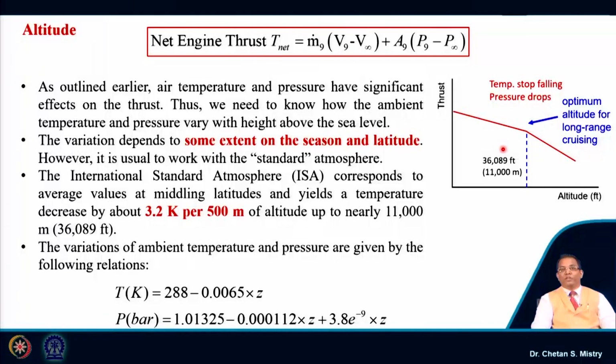So, from now onwards when you are sitting in the aircraft and the pilot announces the altitude, try to understand the reason, because we will not have the effect of a drastic change of pressure on the thrust generation. This height is preferred by the airline companies in order to achieve the best performance from the engine. Okay.